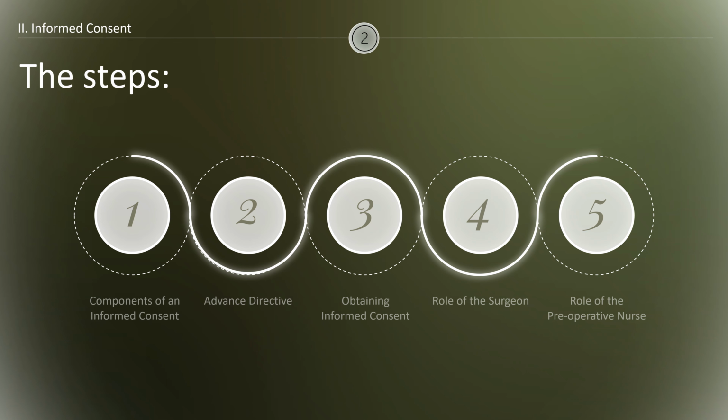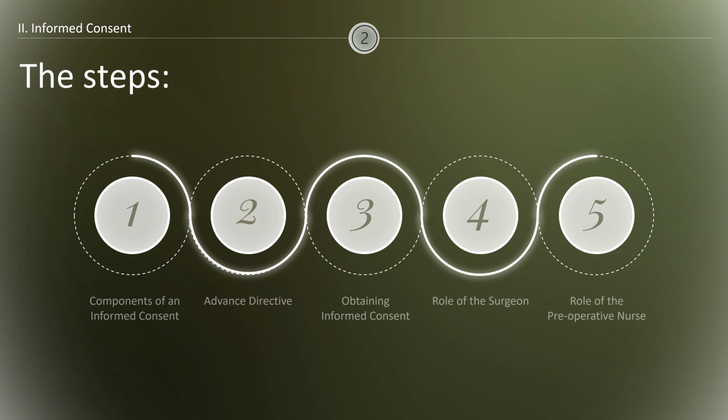The advanced directive, like you can see there in my little step 2, is the Patient Self-Determination Act of 1991, the patient's right to plan care in emergencies.